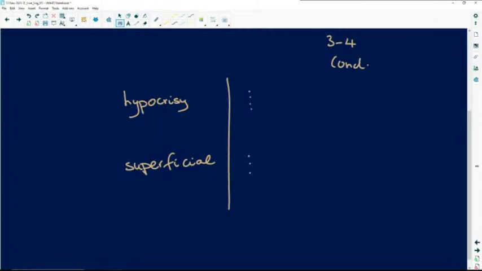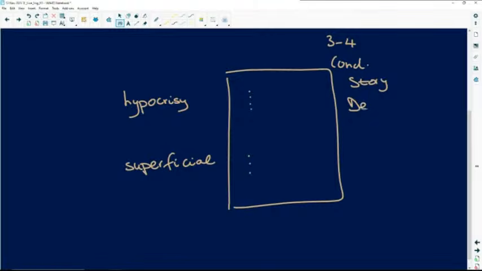This part of the essay is the story, the details from the story, the facts from the story. Remember to be accurate. Don't get the facts wrong.